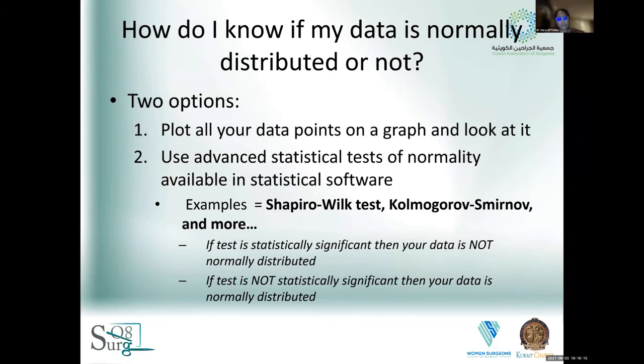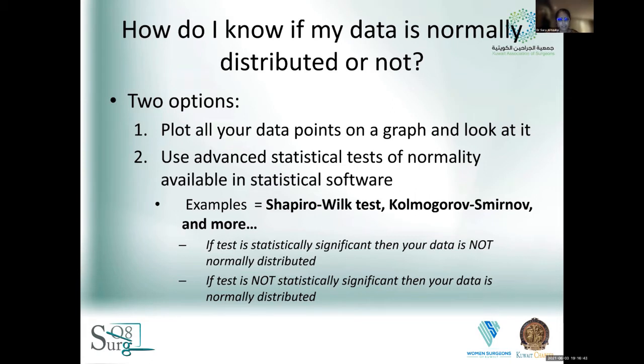So the question then is, how do I know if my data is normally distributed or not? You have two options. Option number one is tedious and would take more time, which is to plot all your data points on a graph and just look at it. The second option, which is what most people would do, is to use statistical tests of normality, which are available in statistical software. If you don't know how to do it, you can ask a statistician.